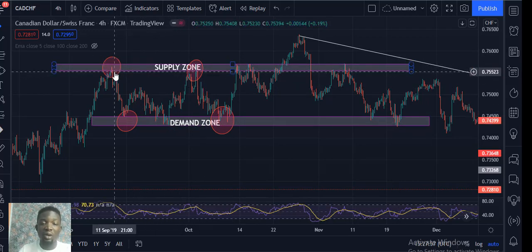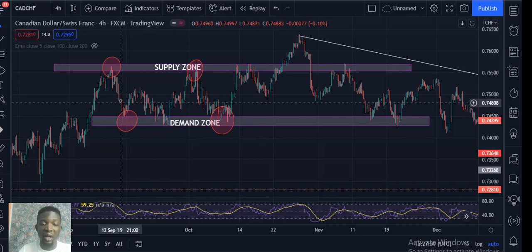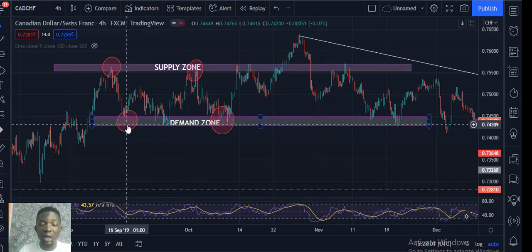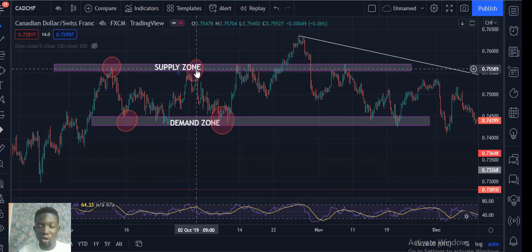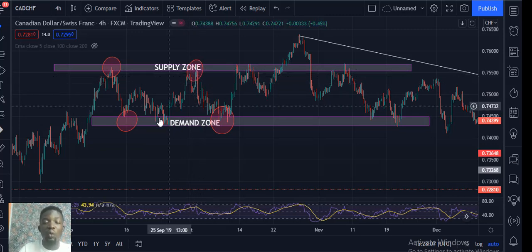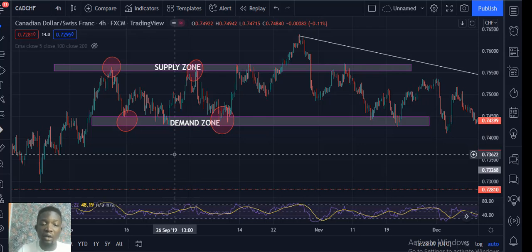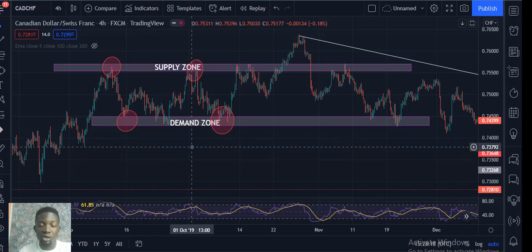We buy at the demand zone. Once the price reaches the demand zone, we buy, and once the price reaches the supply zone, we sell. But also take note, whenever you want to place a buy or sell entry at the supply and demand zone, don't use this strategy alone. Make sure you have confidence before you decide to place a buy or a sell entry.